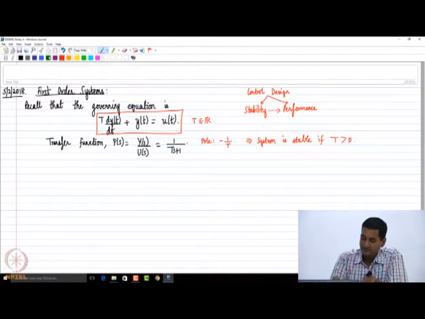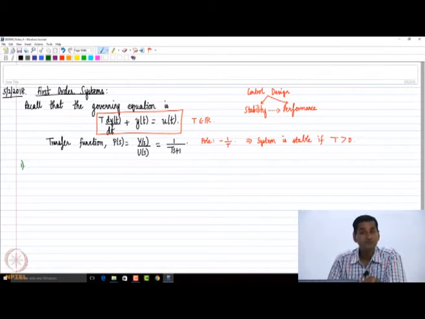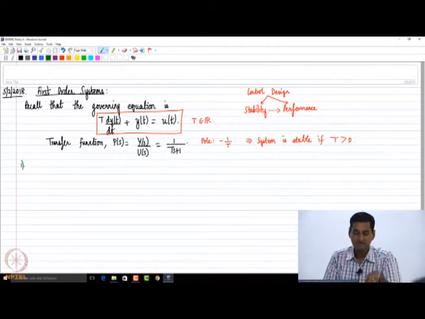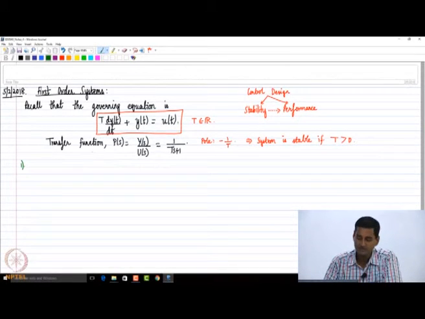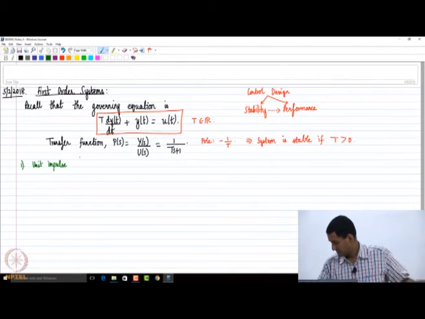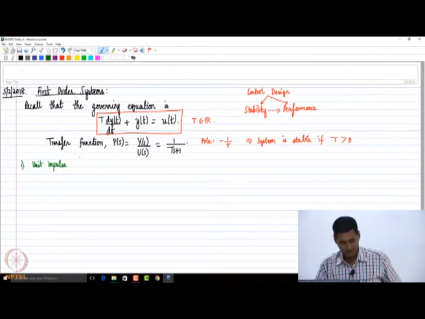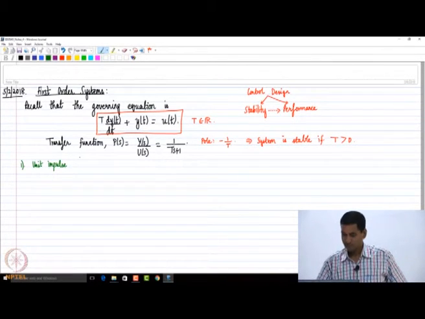As where we stopped last class, I asked you to derive expressions for the unit step response, unit ramp response, and unit impulse response for this class of systems. So let's continue from there. Let me start with the unit impulse response to begin with.